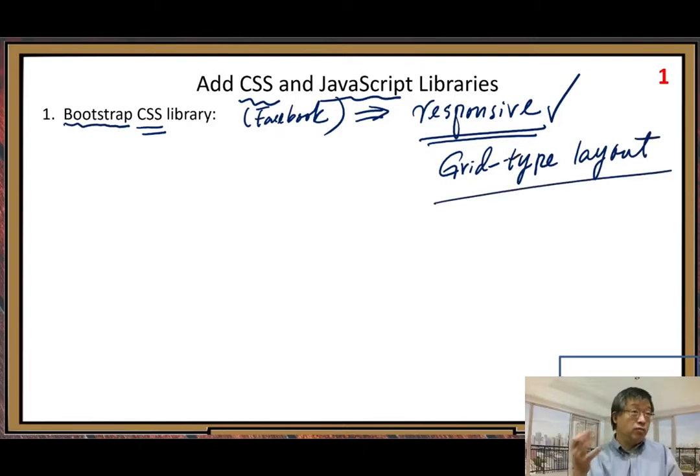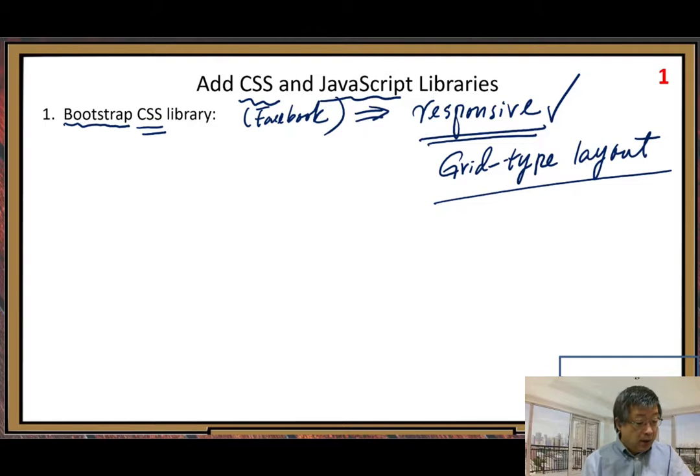We know tables do grid type layout, but Bootstrap uses the CSS way to organize the grid type layout. Here we use that a little bit. Our questions, order number, rows, columns, that's the grid. So we use it, right? Although only a little bit, we use it.